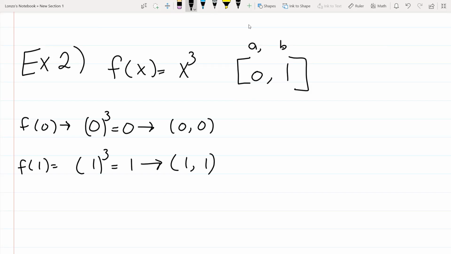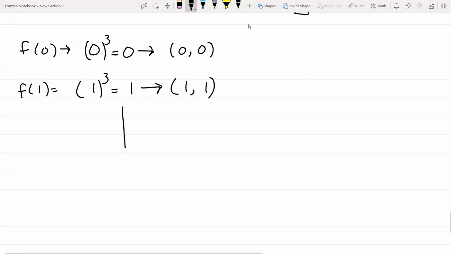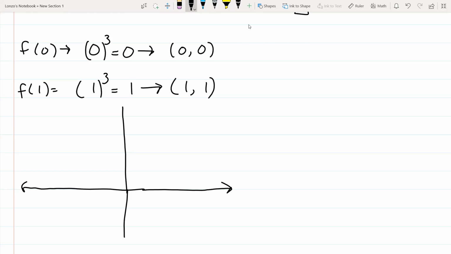Okay. So maybe it would help if we drew the image to see if it is continuous and differentiable. So this is an x cubed.